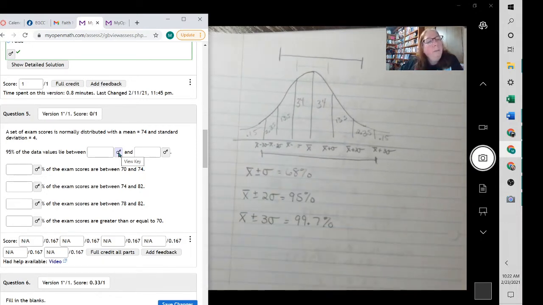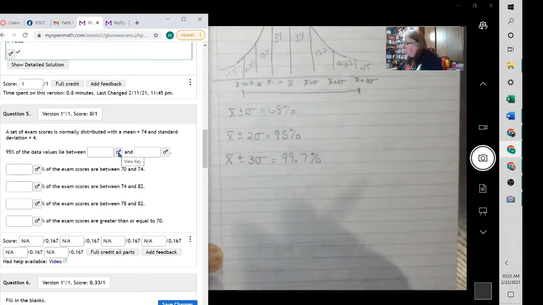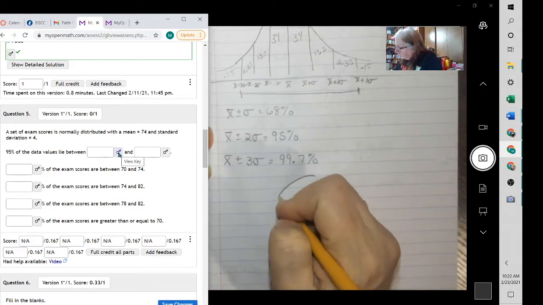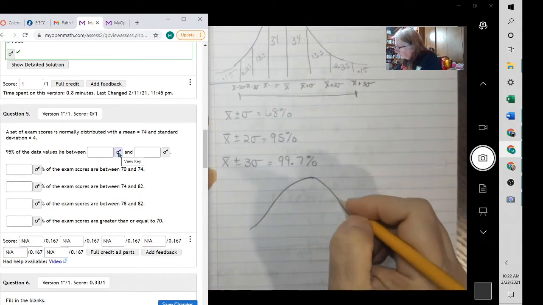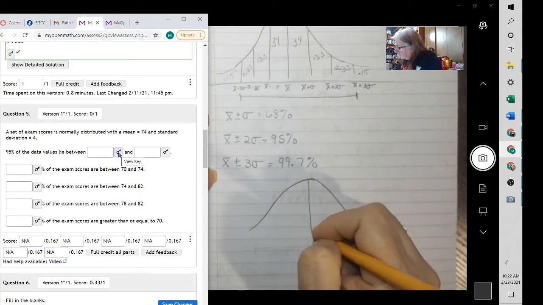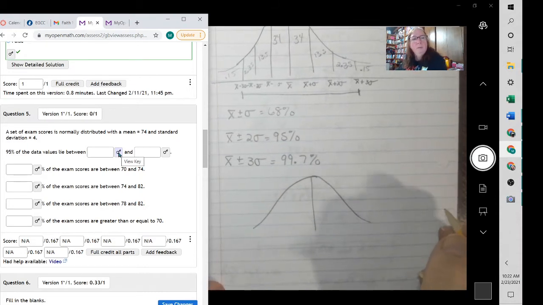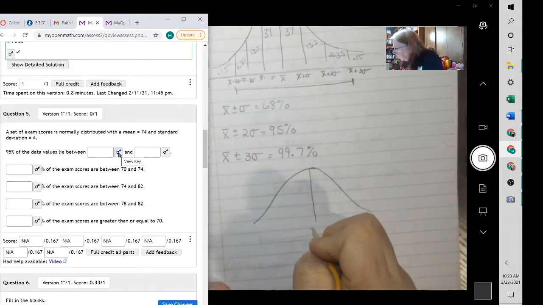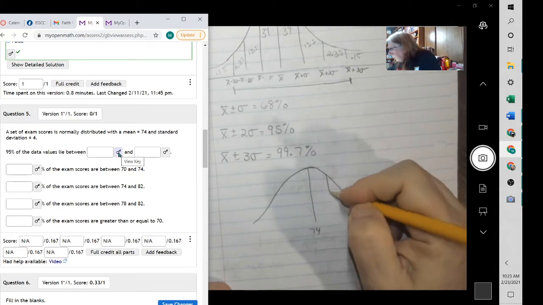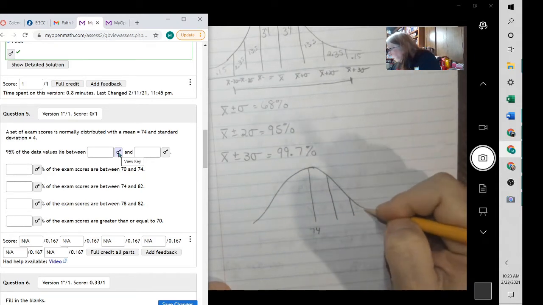And so in this one we have a mean of 74 and a standard deviation of 4. So if we draw a normal curve, the mean goes in the middle, which we said was 74. And then we're going to go 3 each way.